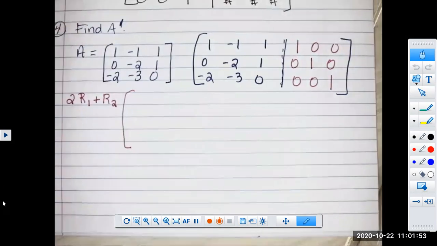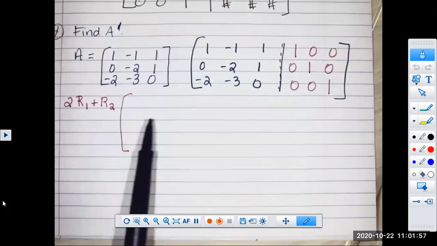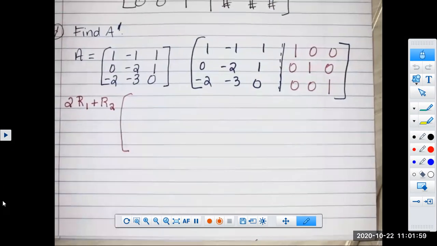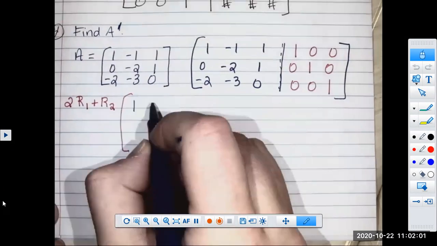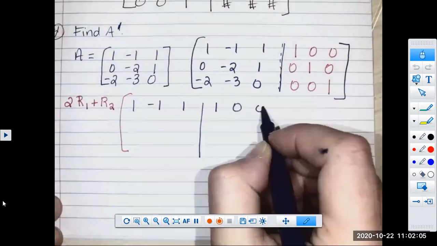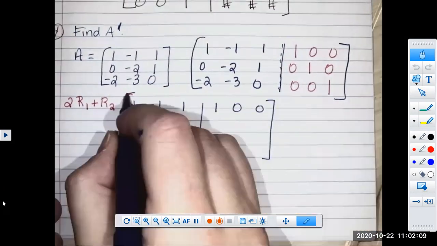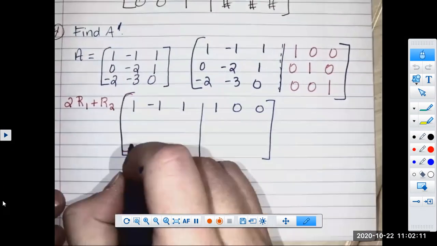Before you do anything, I would go ahead and write the rows that do not change. Row 1 does not change, as well as row 3.